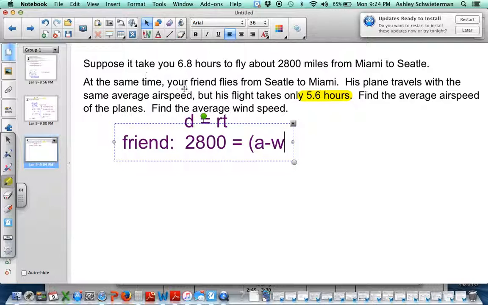That's why it took him longer. So airspeed minus wind speed is the rate times the time, which was 6.8.